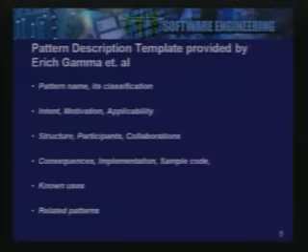Is this pattern meant for real-time systems? So we are talking about design patterns today, but there are patterns for other life cycle phases also. For example, there are coding patterns, there are analysis patterns, and so on. So one has to classify the given pattern.